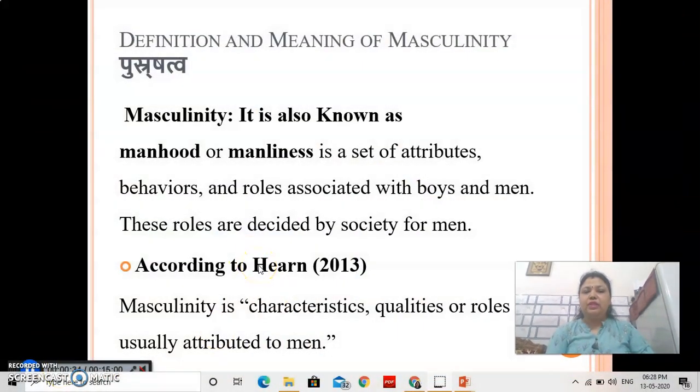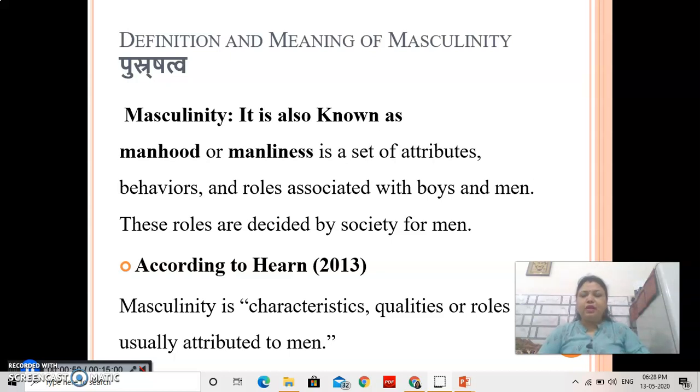Now, what is masculinity? Masculinity is a term which is derived from the Latin word masculinus, which means male, and the other is masculus, which means worthy for man.